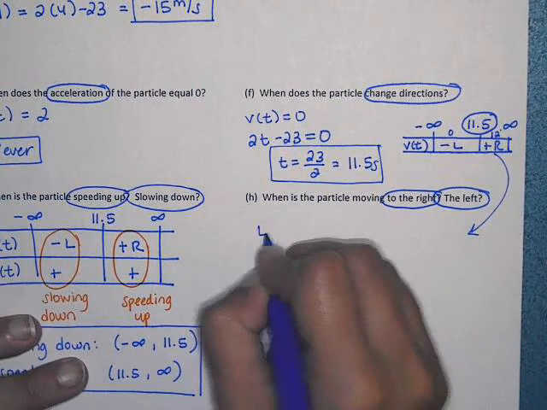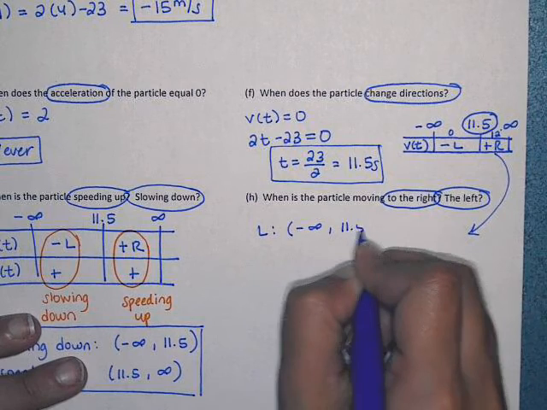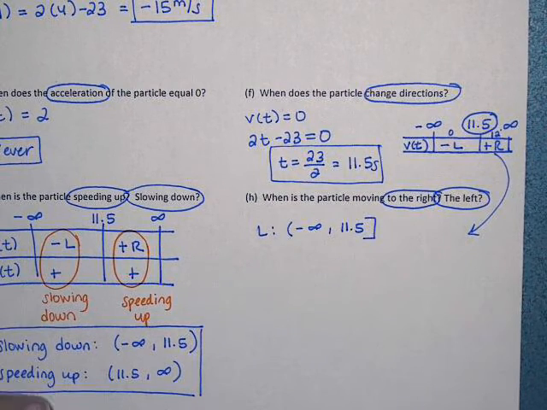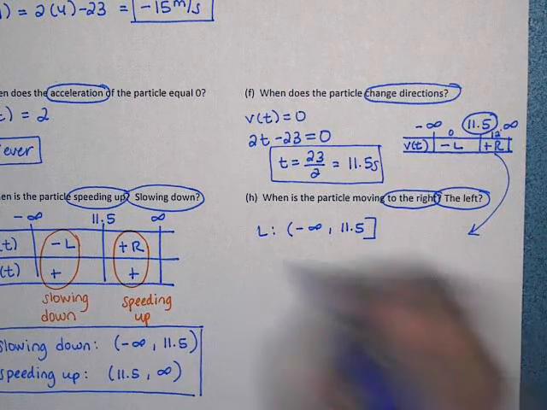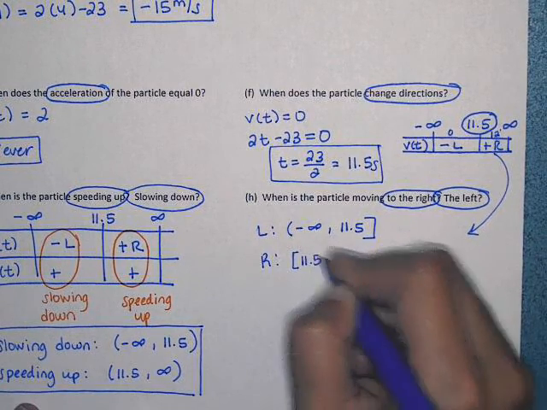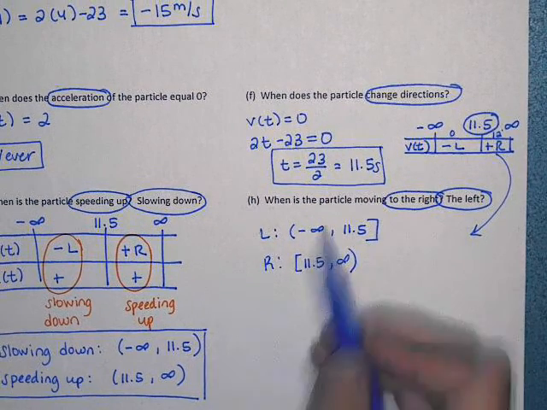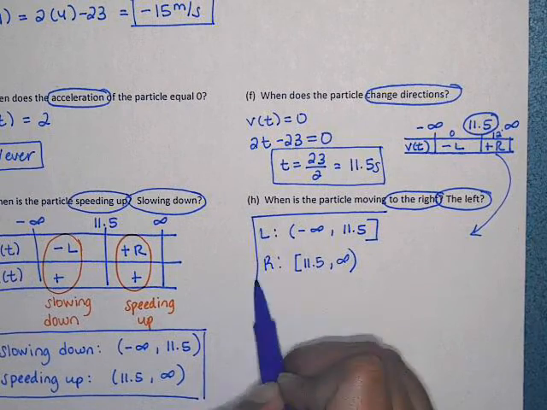We're moving left from negative infinity to 11.5, and this time I'm going to use a closed bracket because it's just velocity. And we're moving right from 11.5 to infinity. And again, I'm using a closed bracket because it's just velocity.